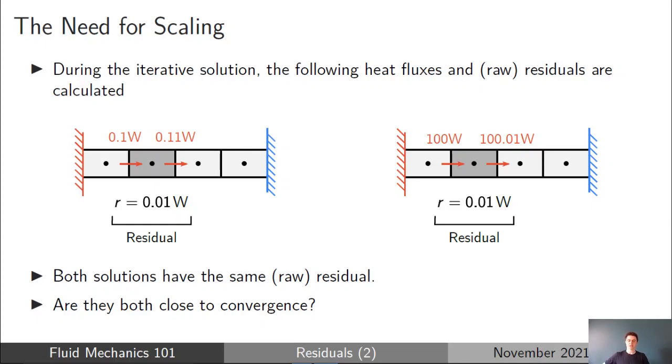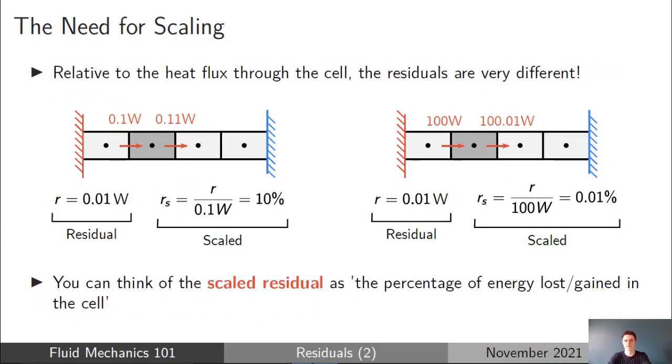So for both of these examples, we can see that those cells in the mesh have the same residual, but the question for us as a CFD analyst is, are both of these cases equally close to convergence? Because we use the residuals to judge convergence at the moment, and both of these cells have the same residual. So are they both as close to convergence as each other?